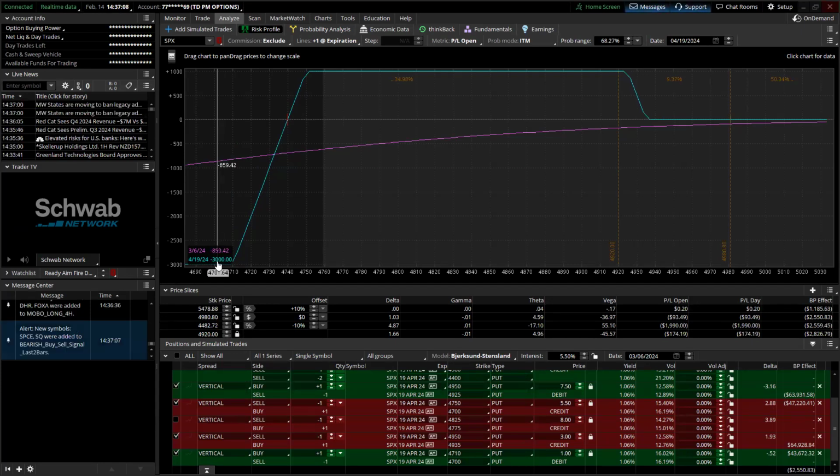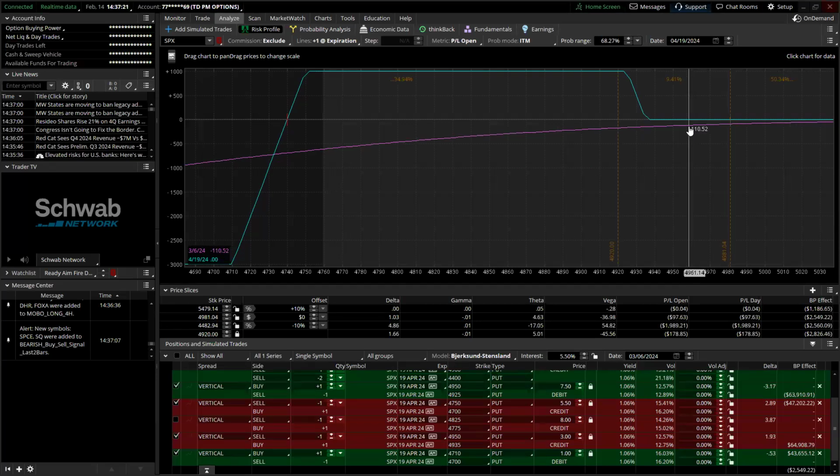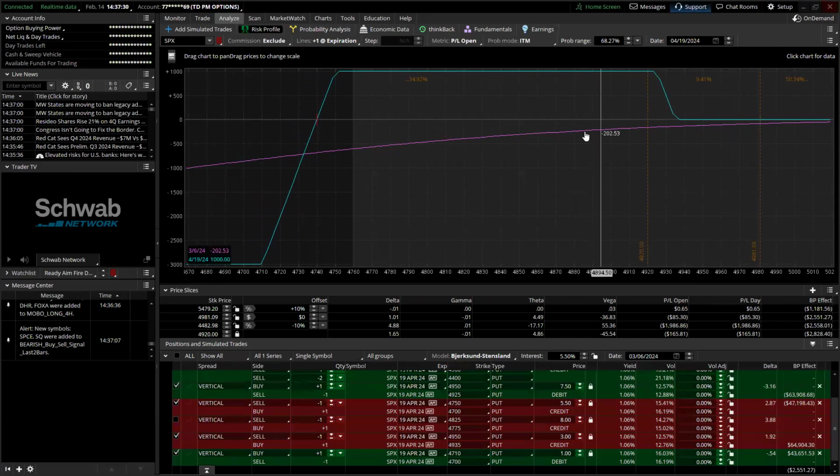It went from 2,700 up to 3,000. So I'm taking a little bit more risk to the downside, and that's bad, right? I increased my risk to the downside. That's bad. But the good is that I was able to remove or recover my initial debit here. So there's a good and a bad to every single thing that we do when we make adjustments or when we set up new trades.